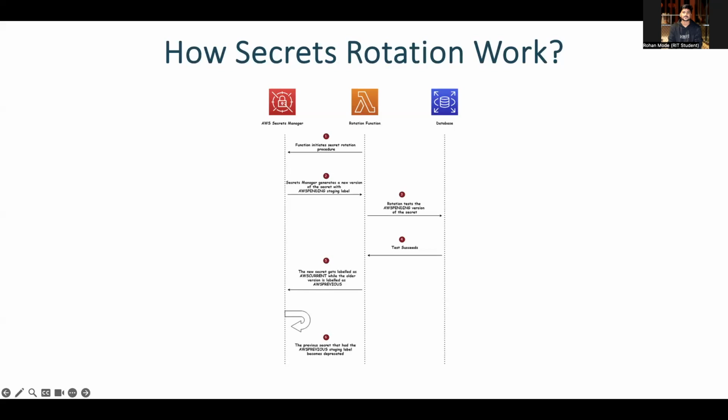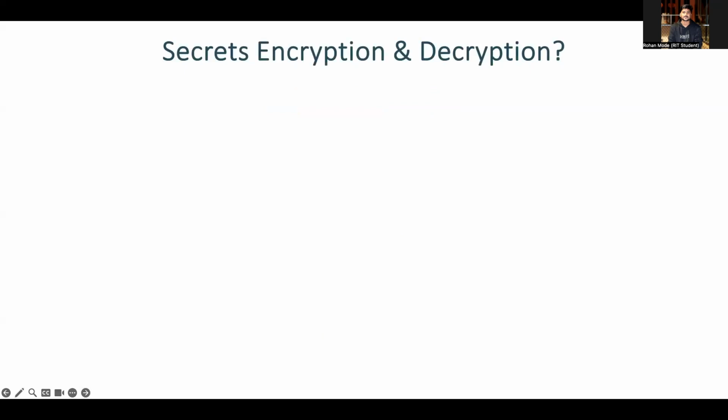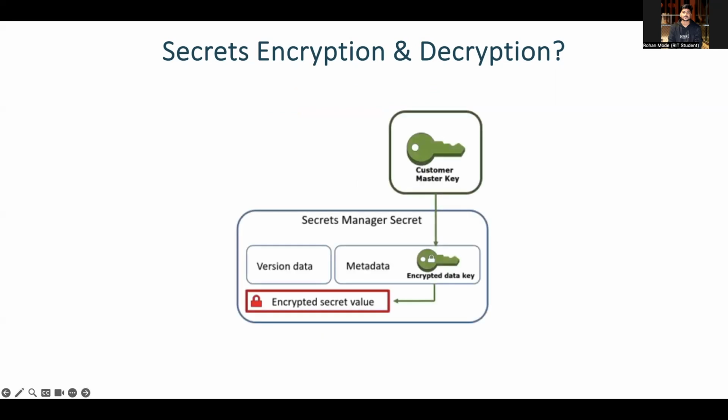So moving forward, let's understand how Secrets Manager manages encryption and decryption of our secrets. To protect secrets, Secrets Manager uses envelope encryption with AWS KMS customer master keys and data keys to protect each secret value.